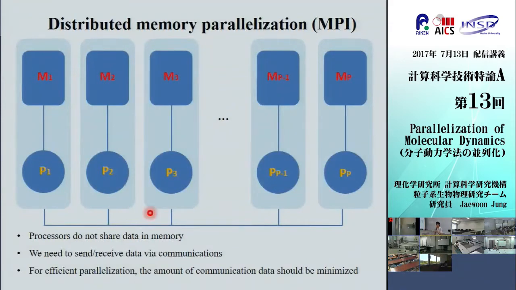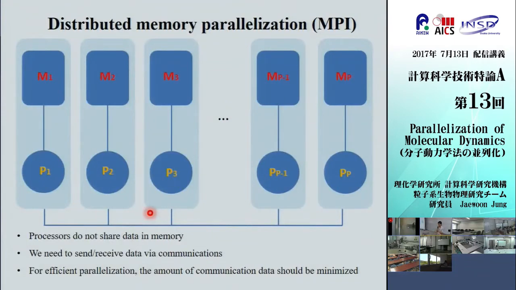In this case, the key point is that we need to write a program to reduce the amount of communication as small as possible. So efficient parallelization equals the communication amount is minimized.